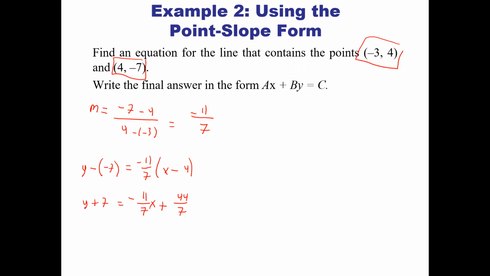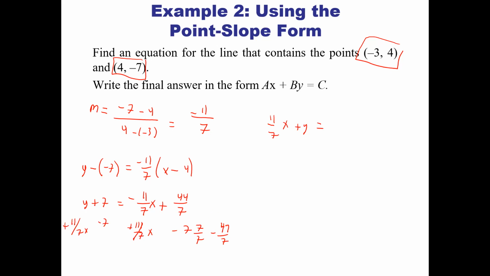So let's take this over here and subtract our 7. And so it looks like we're going to get plus 11 over 7 x plus y equals, and here we have 44, and if we multiply that by 7 over 7, that's going to be minus 49 over 7.